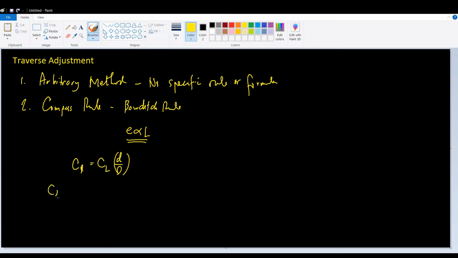So C sub l is the correction to the latitude for any course, for line 1 or line AB or whatever. And capital C sub L refers to the misclosure in latitude.